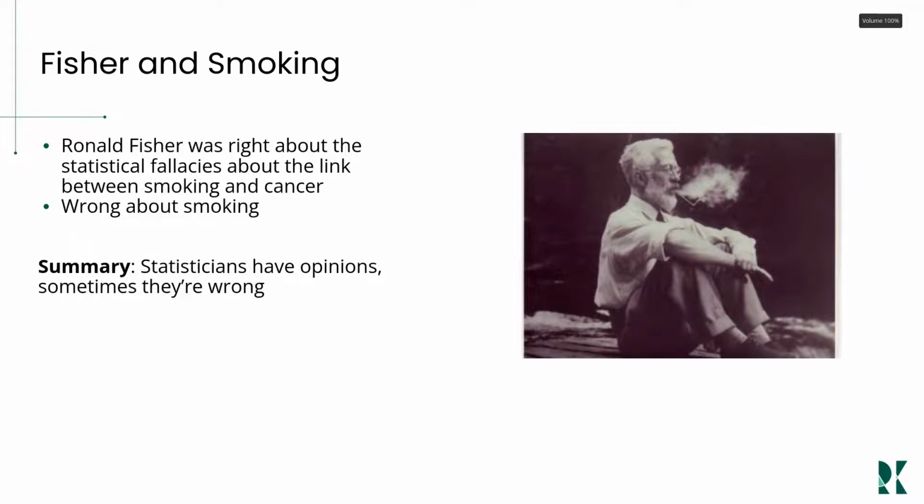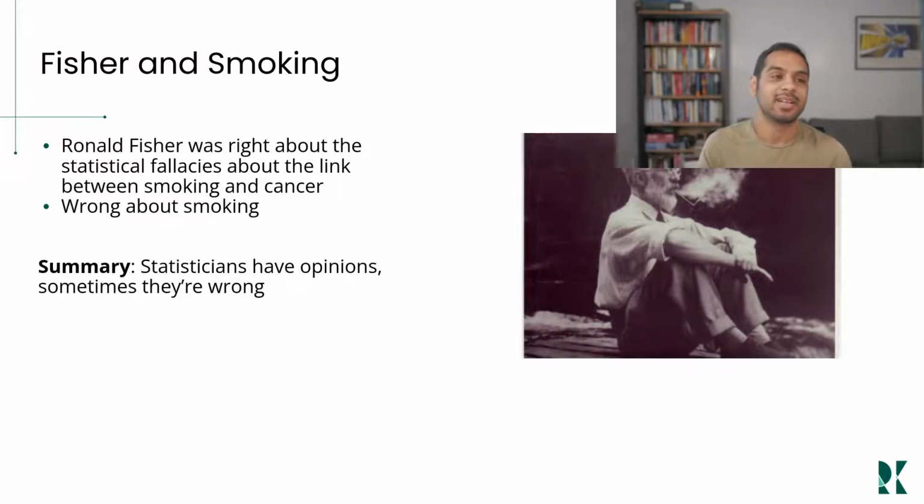There were a good couple paragraphs written about how Ronald Fisher and a couple other statisticians, when these debates were going on about smoking and the incidence of lung cancer, brought up tons of valid proof about how there are all these confounders, like genetics, that couldn't be controlled for, that meant you couldn't make the causal claim that smoking caused lung cancer.